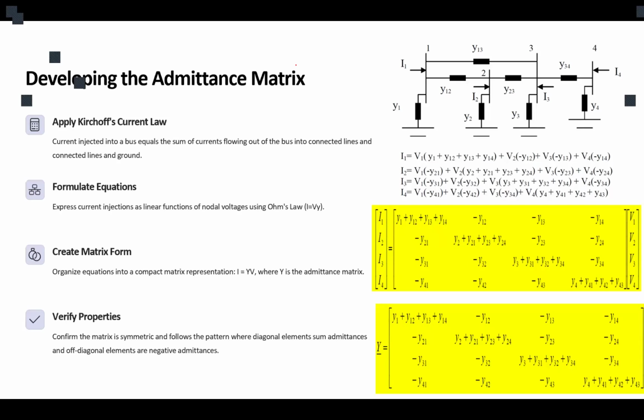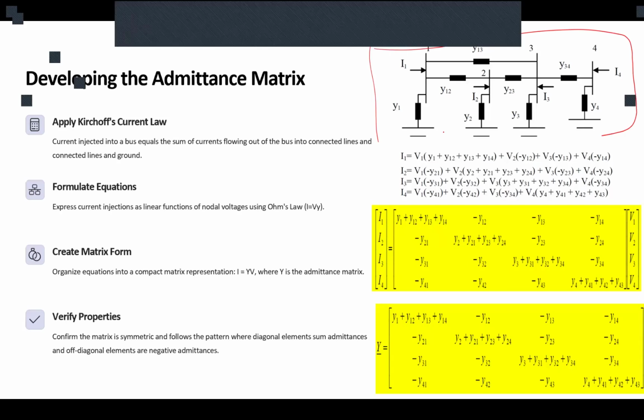Okay, so now let's try to develop an admittance matrix for this system. We have a power grid shown in a circuit with 4 buses. These 4 buses or 4 nodes are connected with some transmission line or any kind of distribution line to each other.